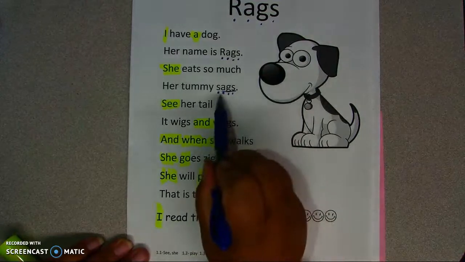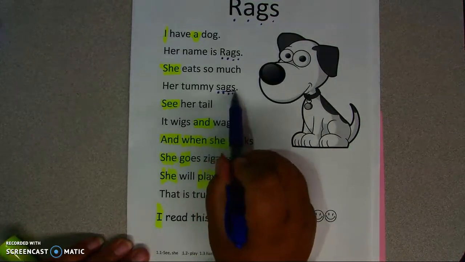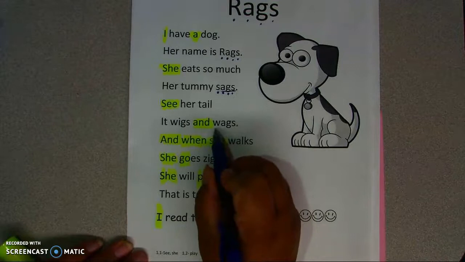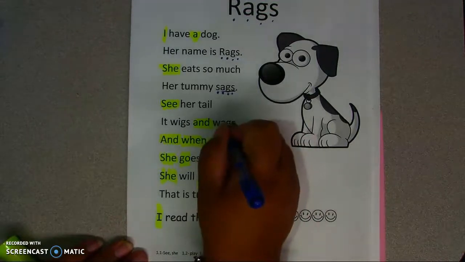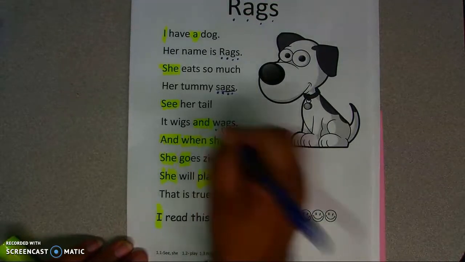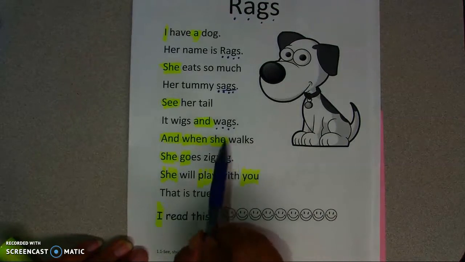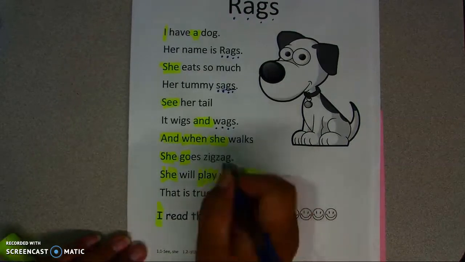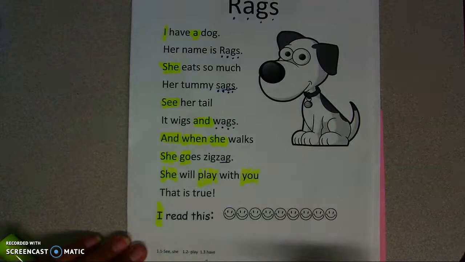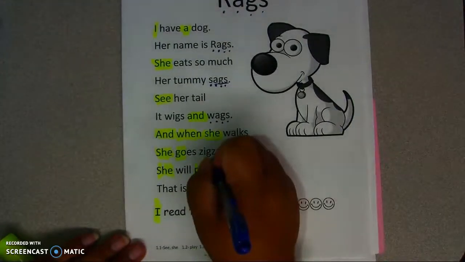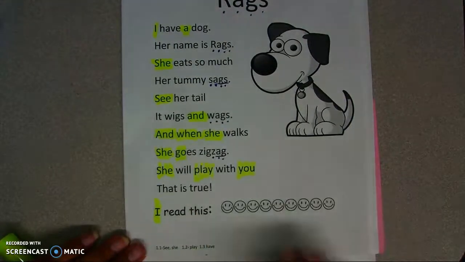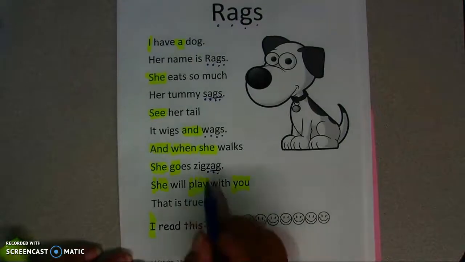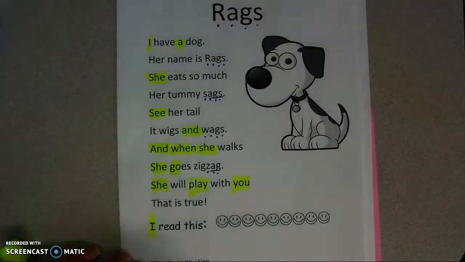So ags, sags. And how about, here we go. Again, ags. Just change the first sound and it's wags. And I want you to look right here at the end of this word. Oh my, I think I can blend that too. Zag.